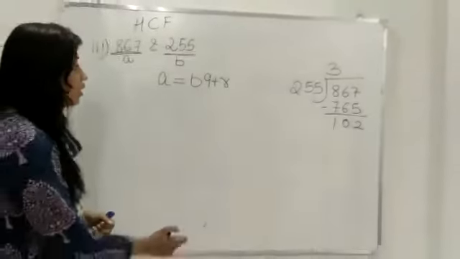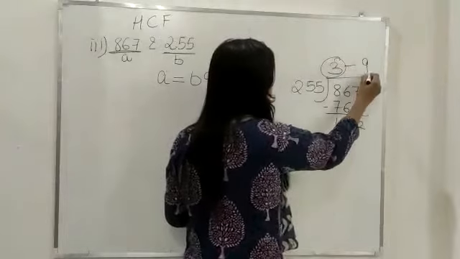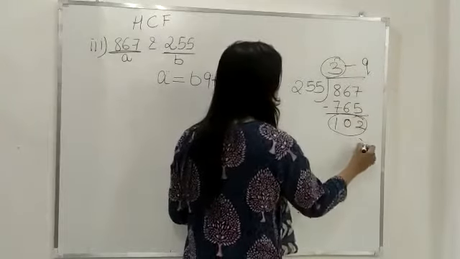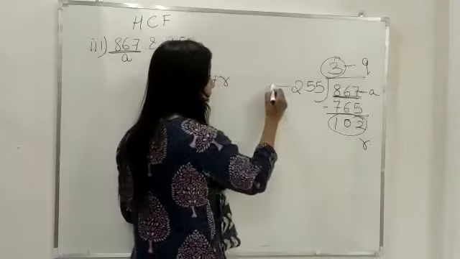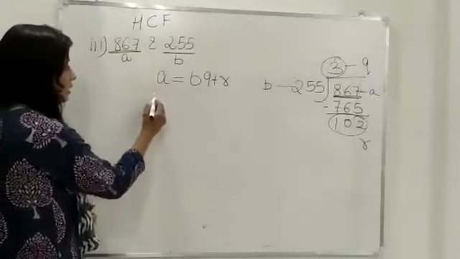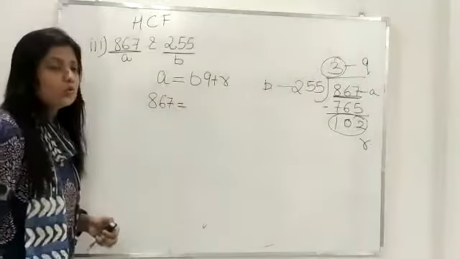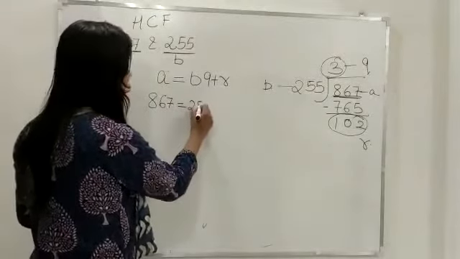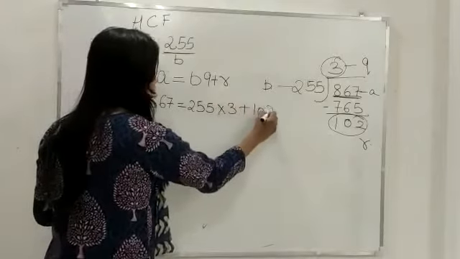So here your quotient is 3, your remainder is 102, your A is 867 and your B is 255. So I will write here 867 is equal to 255 multiplied by 3 plus 102.